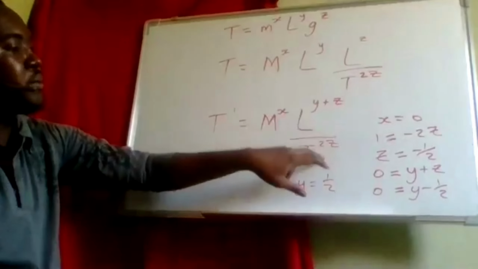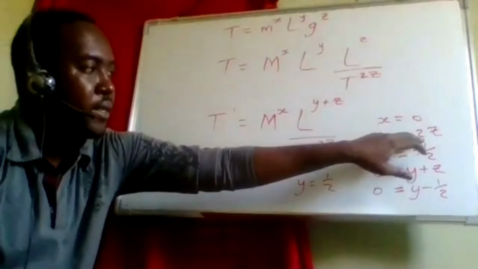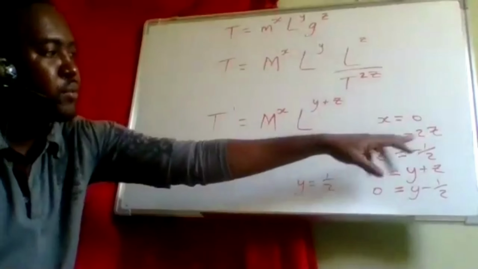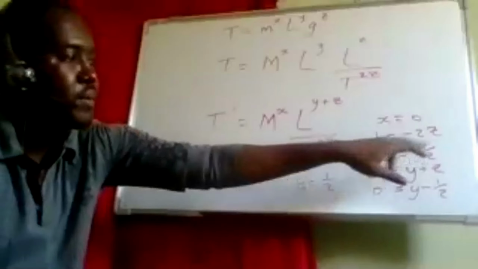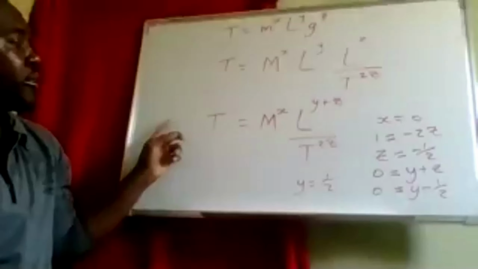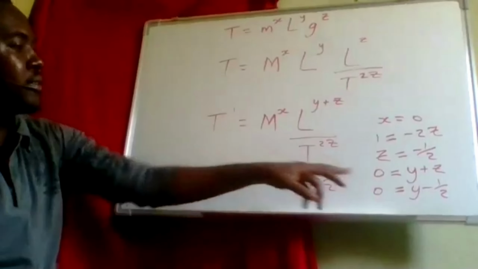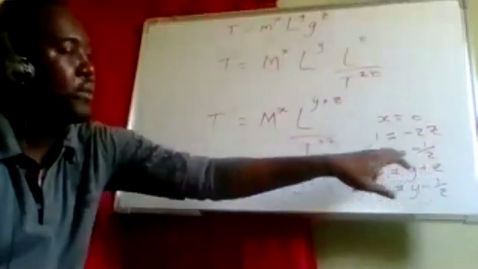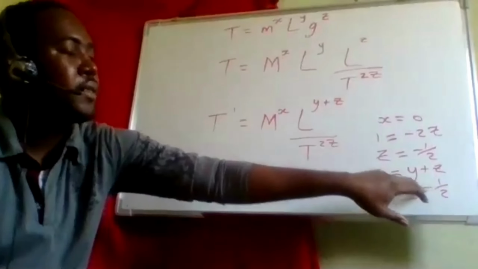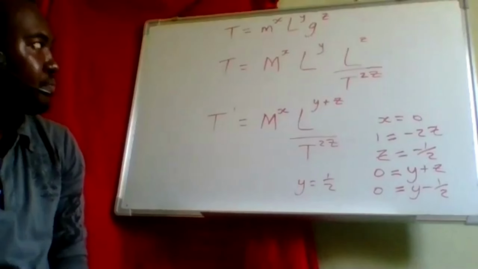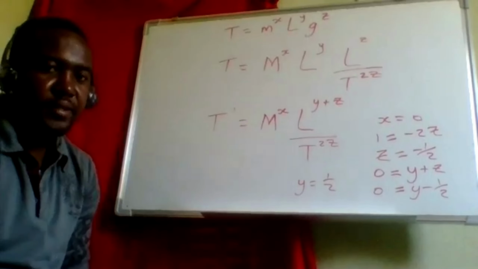This one, because it's being divided, is negative 2z, so we divide by negative 2 on each side, and we get z to be negative a half. And for y, there is no l on the left side, so it's 0, and on the right it's y plus z, and we know z is negative a half. So we carry it over, and y is positive a half. All right, so that's clear.